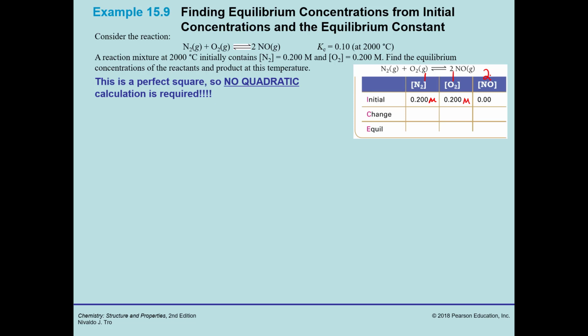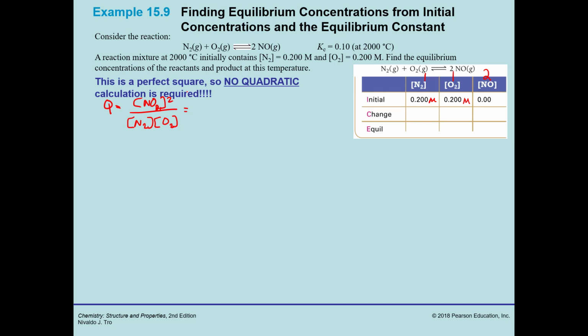Since I don't know what the equilibrium is, and it doesn't tell me what the change is, I'm going to decide whether it has reached equilibrium yet. The way I do that is by calculating Q. So Q is equal to NO squared divided by N2 times O2, and those are just to the first power.